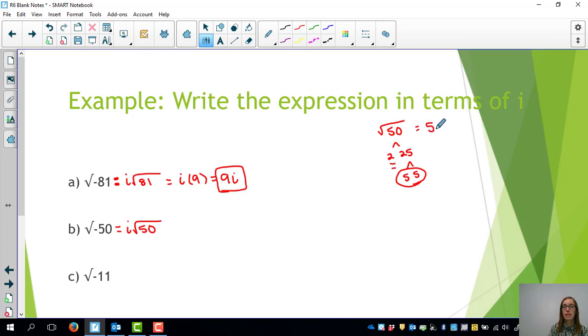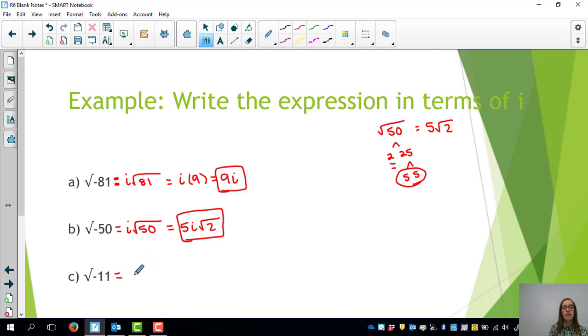So square root of 50 can be rewritten as 5 square root of 2. But now we had already taken out an i. We've now taken out a 5. We have to take out both. We can't get rid of that negative, or that i, because then we wouldn't end up with the negative if we went backwards with it. And then we had square root of 2 over here. So 5i square root of 2 would be the same thing as square root of -50.